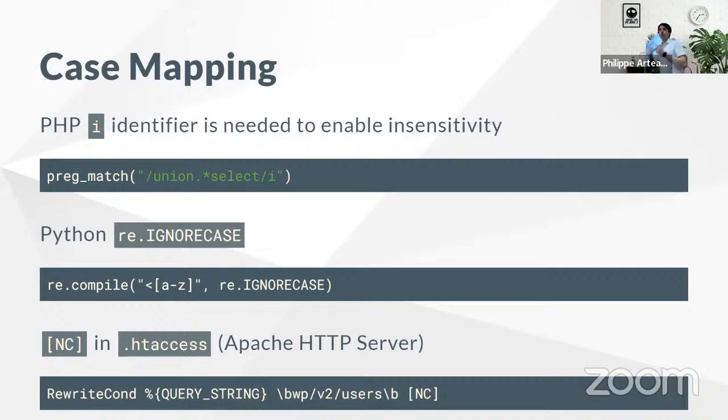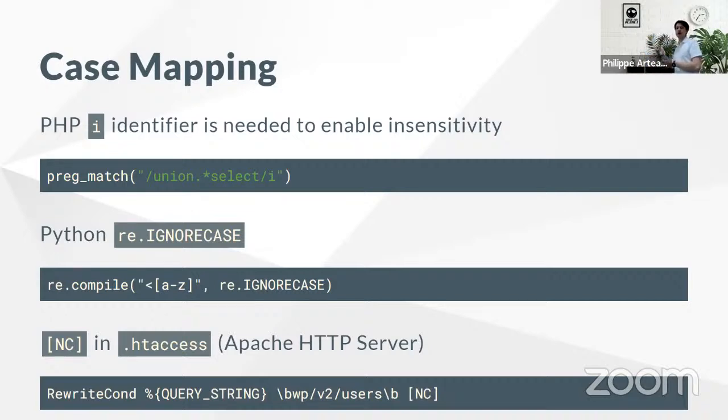So what do you need to look for when you're reviewing maybe some regex or some configuration? Look for case insensitivity. So if you have a regex in your WAF configuration, make sure it has, for example, in PHP, you would see the i identifier at the end saying, okay, if this pattern is present, regardless of the case, it would match.